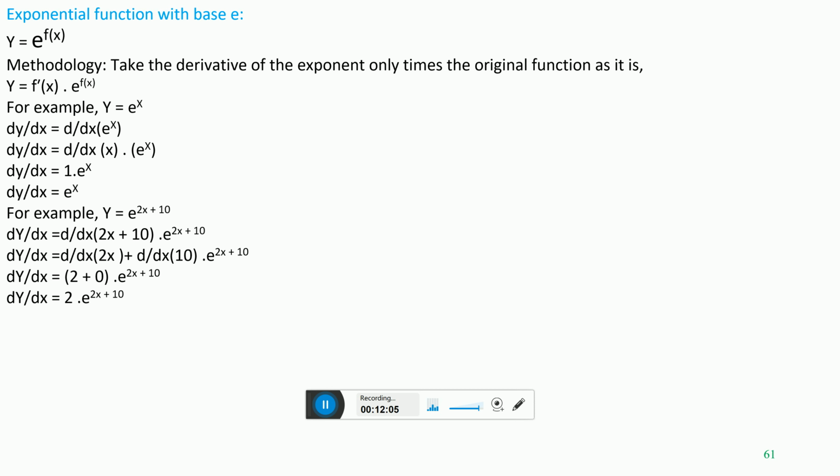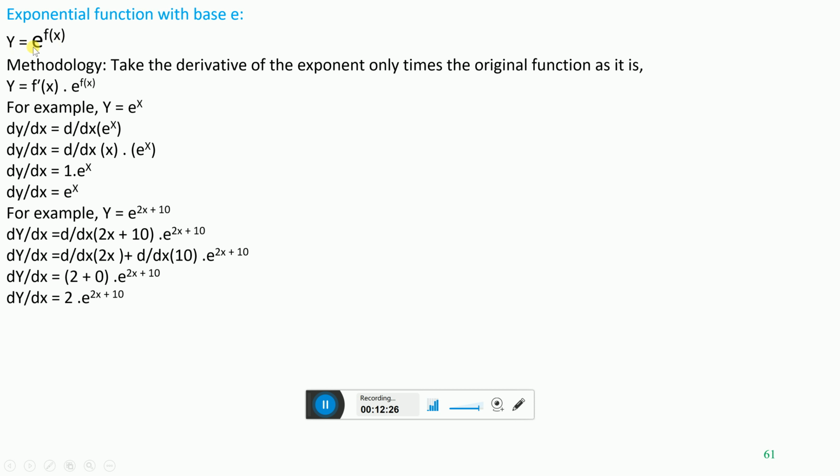I am again repeating that to find the derivatives of all those functions where the base is e, we take the derivative of the exponent, the power, only, and times we repeat the original function as it is. Let me clarify with one example.